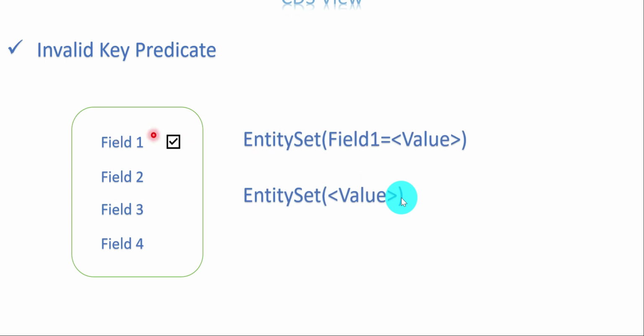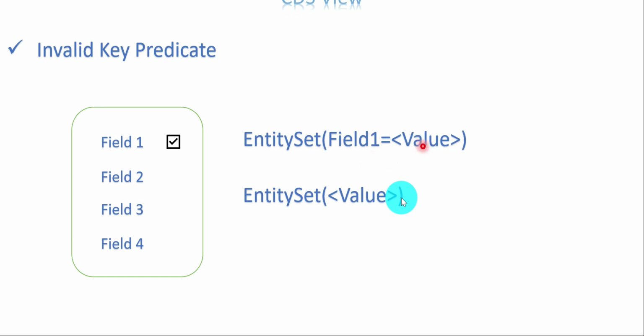You have the long URI, SAP, OData, BP and everything, then the entity set, then you pass a value like this: the field name, whatever name you have given, field one equal to value. Here there is a space, forget about it, I made it just for the design, but normally we won't give any space. So you have to give field one equal to value.